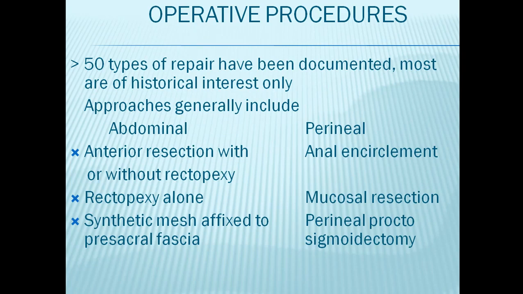Now, what are the different operative procedures for rectal prolapse? More than 50 types of repairs have been documented, but most of them are of historical interest only. The general approaches include either abdominal or perineal. In abdominal, you have anterior resection with or without rectopexy, that is, the sigmoid is resected and the rectopexy is done.